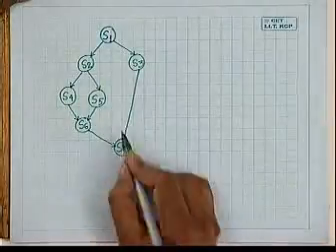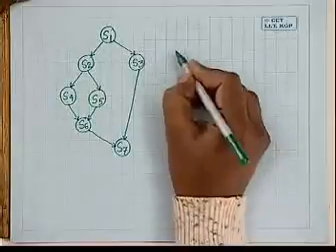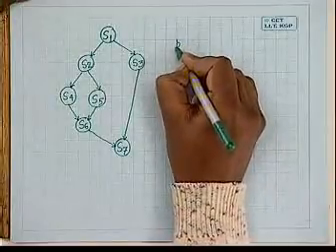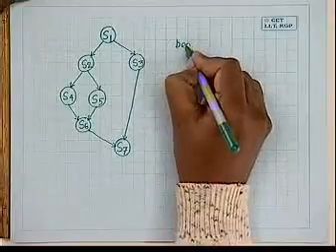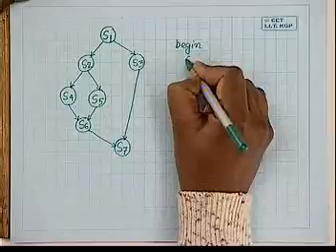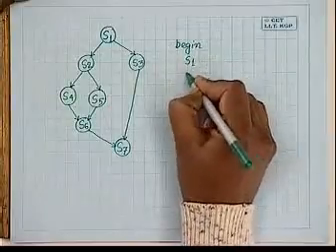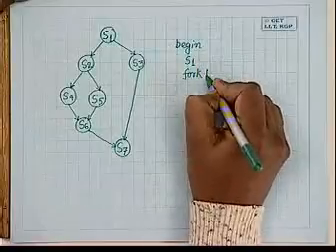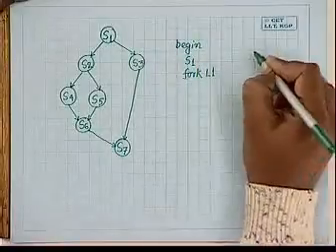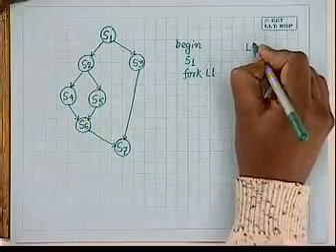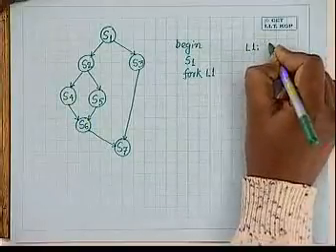Okay. So I can write a very simple fork join structure for this. I start again with begin, then S1, then fork L1. At L1, I have statement S3.